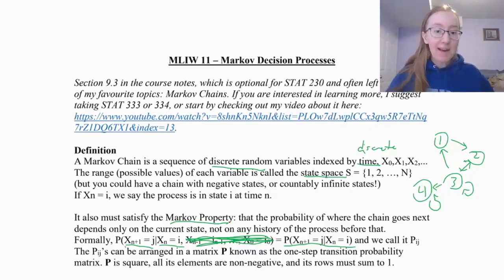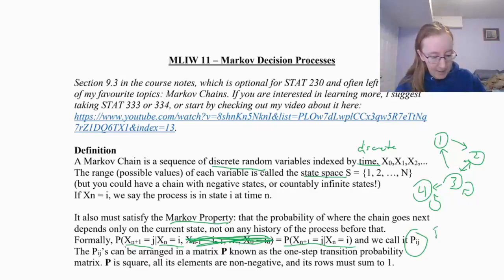And so because the history is completely ignorable, we just call that probability Pij. So this is the probability of going from I to J in a single step.